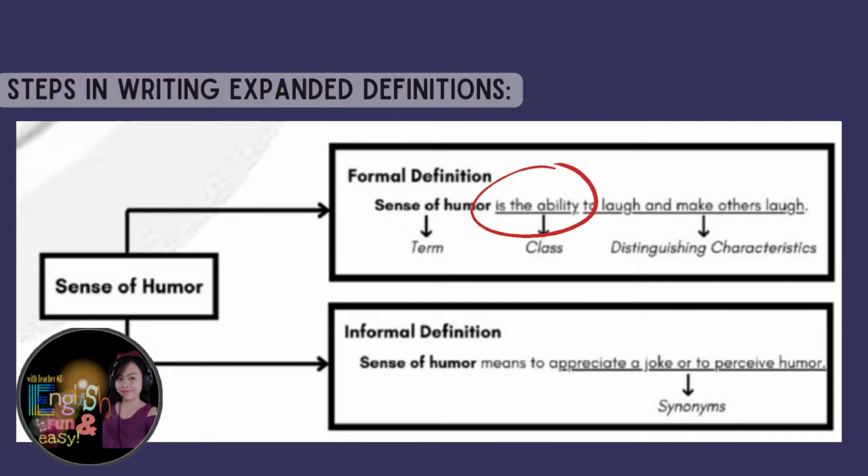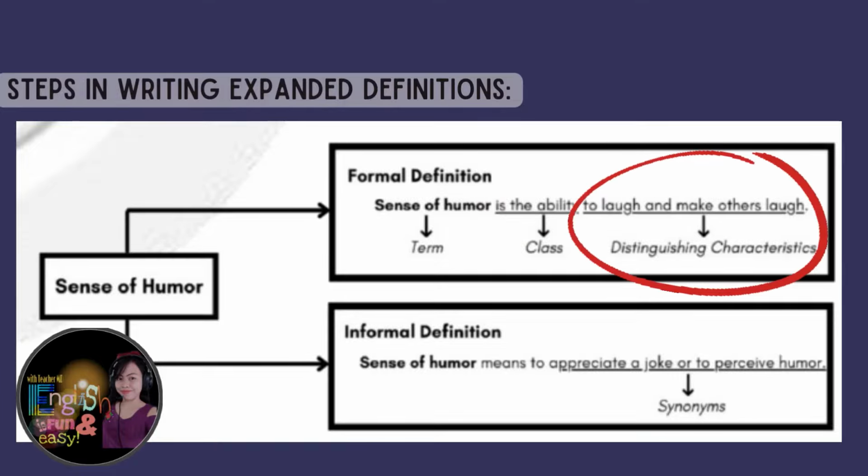In this case, sense of humor ay isang abilidad, or should I say, is the ability. Then you have to distinguish what ability are you talking about. It is to laugh and make others laugh. And that will be the distinguishing characteristics. And now you will have the formal definition. Sense of humor is the ability to laugh and make others laugh.